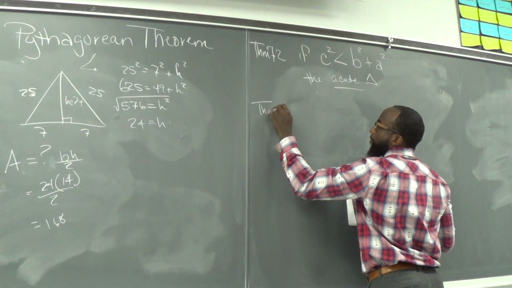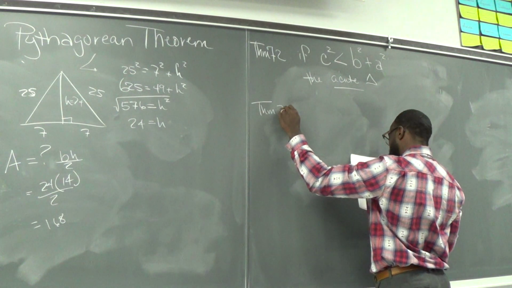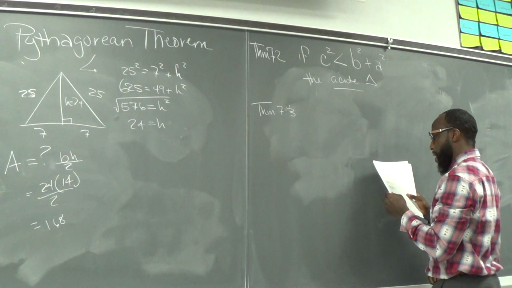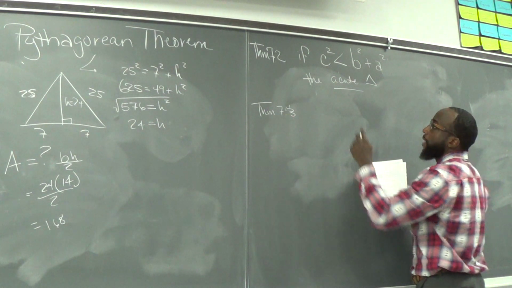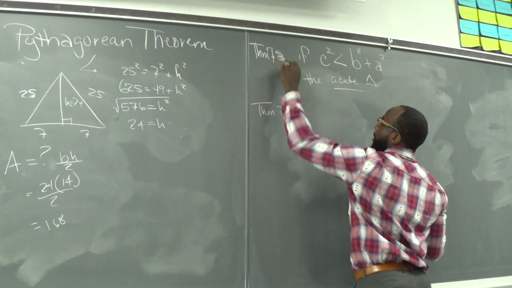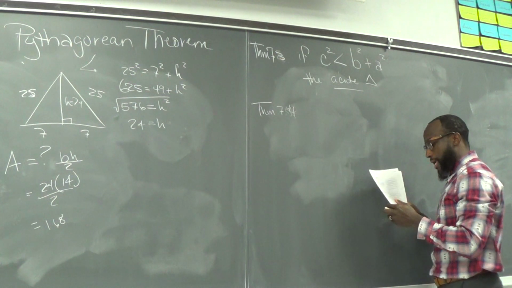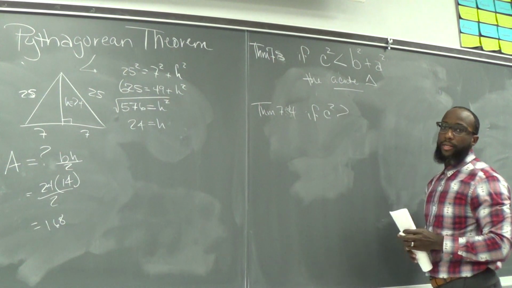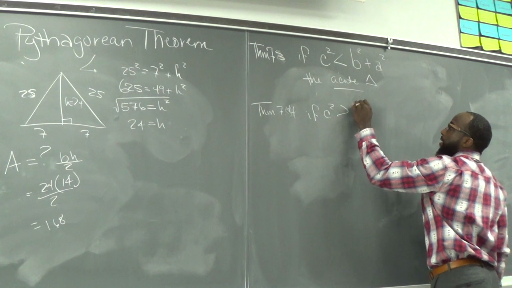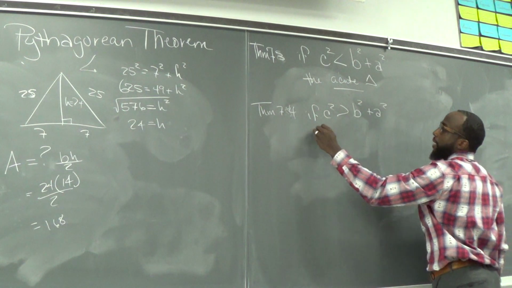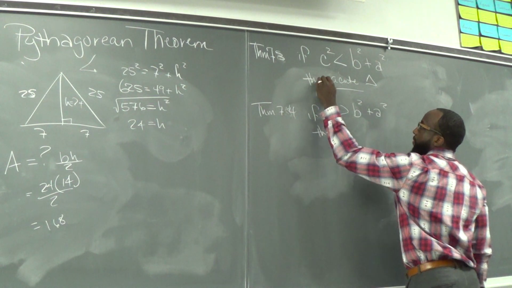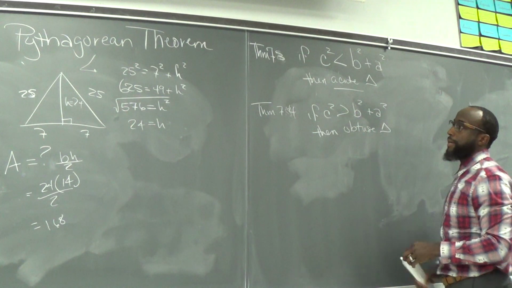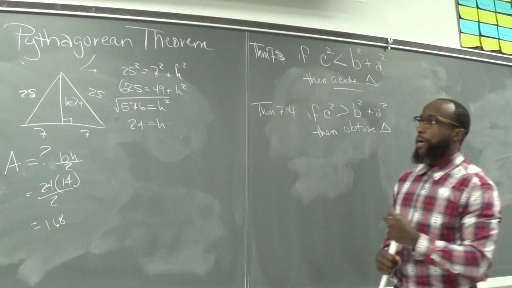And then theorem 7.4, well, 7.3 we already did. This is actually 7.3. 7.4 then is this: if c squared is bigger than b squared plus a squared, then you have an obtuse triangle.